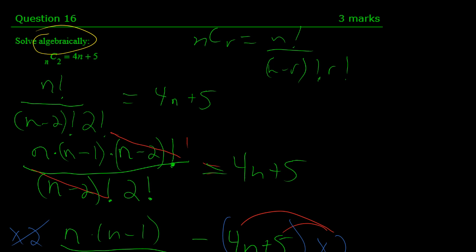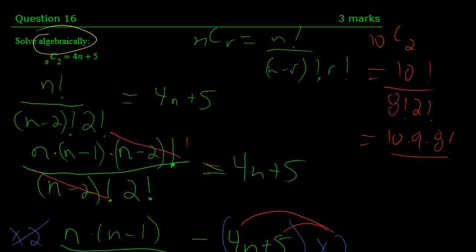So let's just see if that's the case. 10 choose 2: 10 factorial over 8 factorial times 2 factorial. So that's 10 times 9 times 8 factorial, right? The 8 factorials cancel. 2 factorial is just 2 times 1. So that's 90 divided by 2, which is 45.